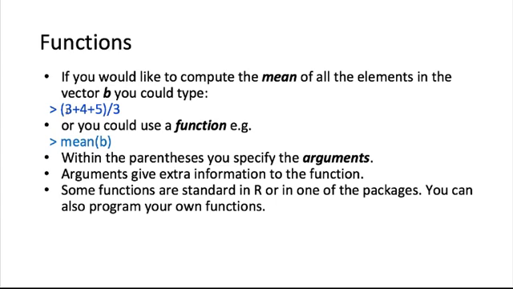We could have written a calculation (3 + 4 + 5) / 3 if we wanted to calculate the mean of the values that are in that vector. Alternatively, we could just take the vector and say we want to find the mean of that vector. So the mean of the vector b, and we'll get a mean. It will give us the same answer as this.